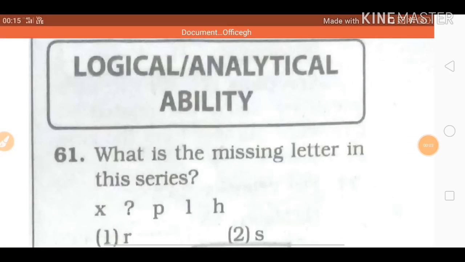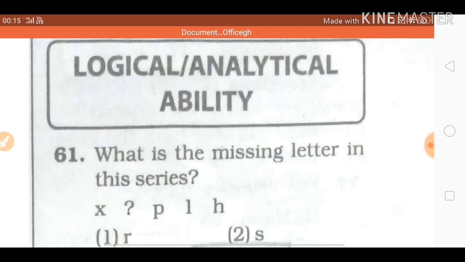Well, guys, this is part one of the logical or analytical, or in simple language, we call it reasoning, right? So, guys, this is something I have brought for you, and this is 20 questions.